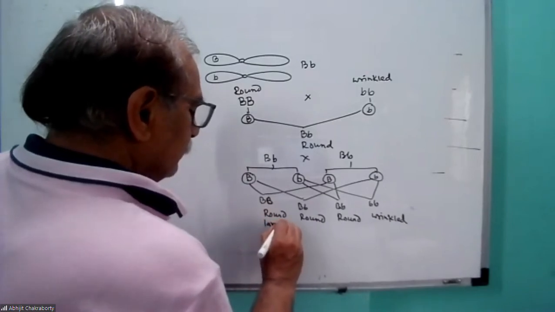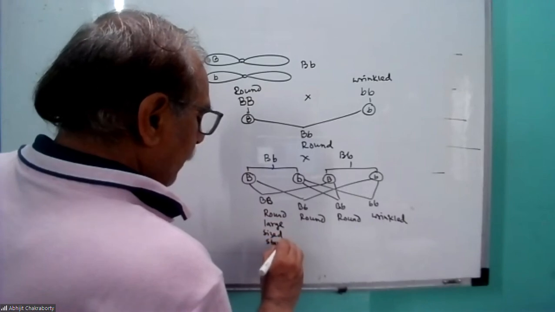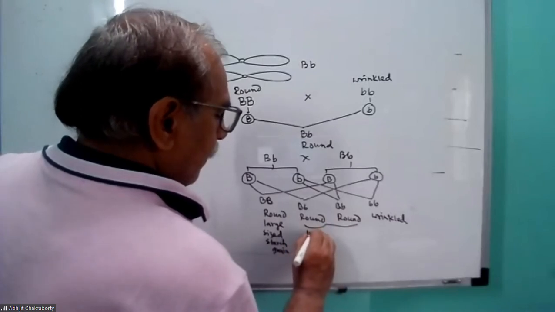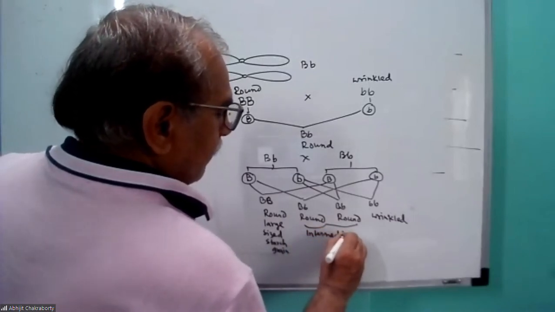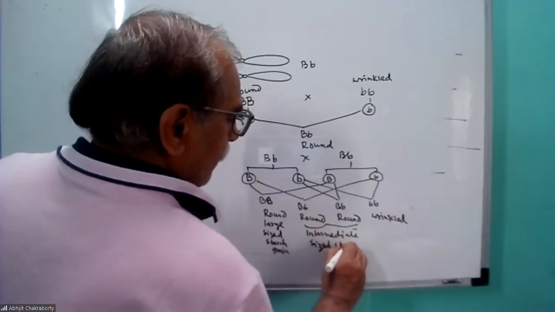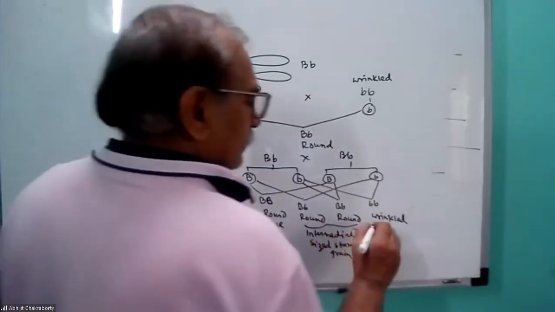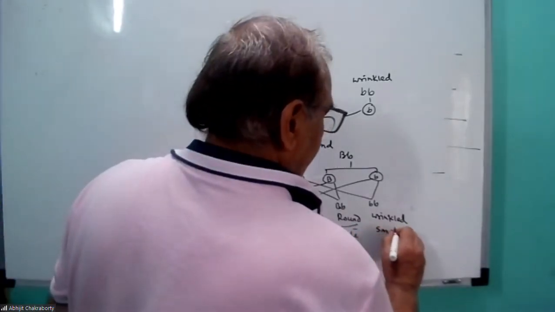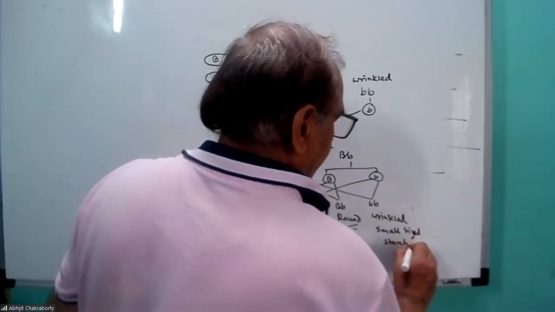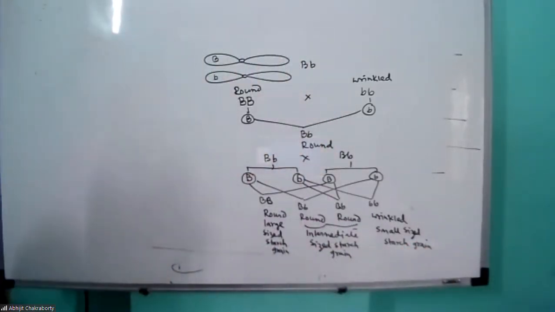Large size starch grain, and small size starch grain. Clear?